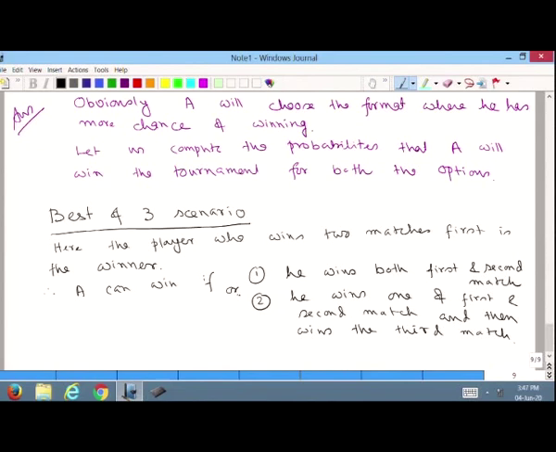So, this is an either or. In one of the situations, he is going to win the tournament.